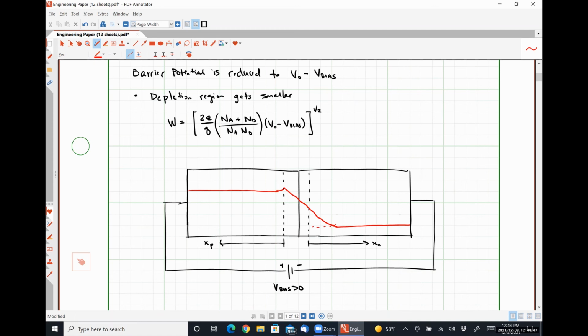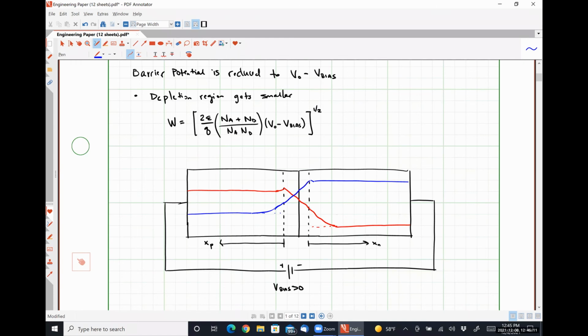And then for our electrons, it should be something like that.